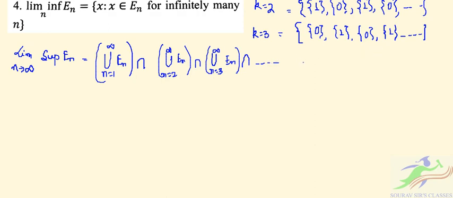So we will have ultimately the 0 and 1, these two sequences will be there.